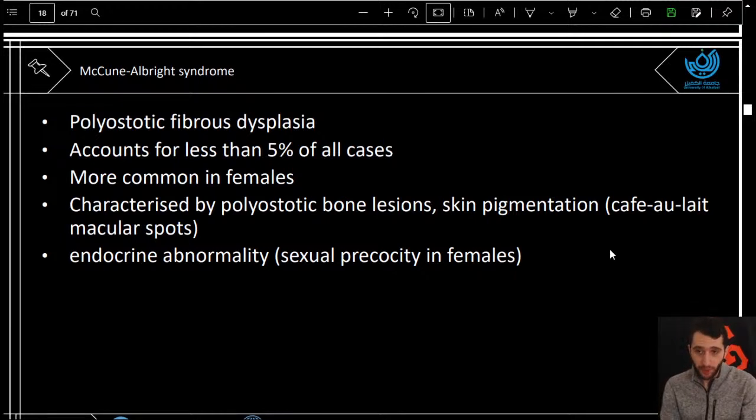Albright syndrome is more common in females than in males, caused by a polyostotic lesion, which is causing pain, accompanied by endocrine abnormalities.